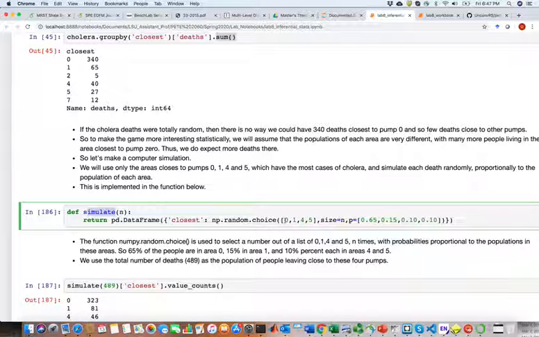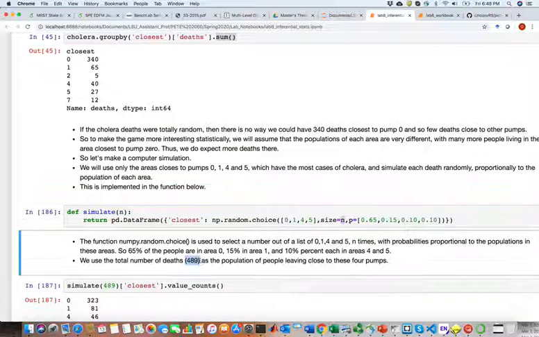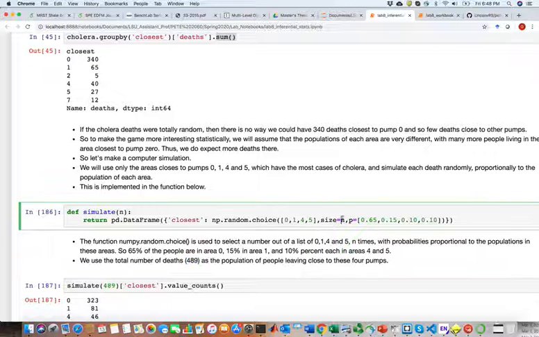So randomly choose between those 4 pumps for a population size which is equal to the total number of deaths. So 340 plus 65 plus 5, add up all of these, it's about 489. It is 489. So that's the size.